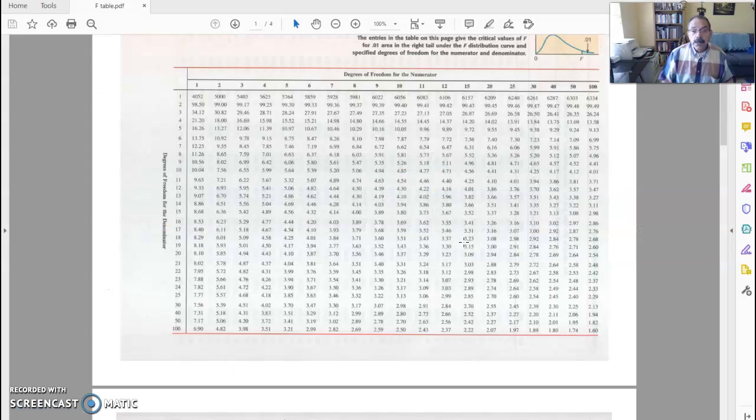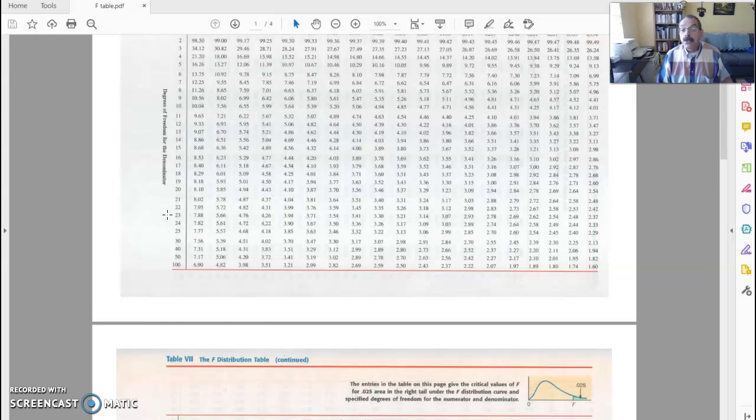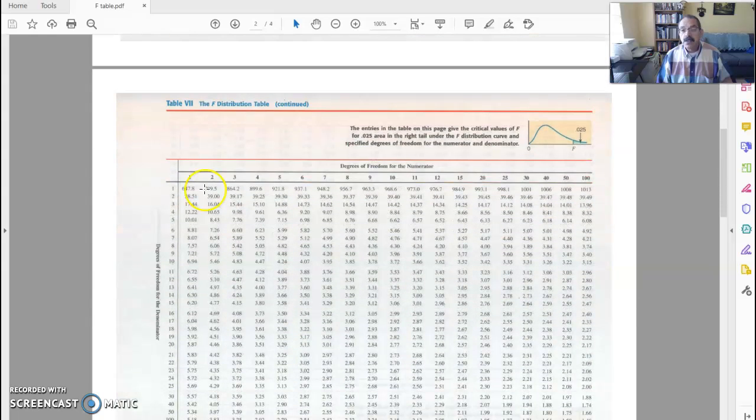This sheet is a probability of 0.01, so we need to go to the table of 0.025. That's where this little diagram is at the top. We use the degrees of freedom of the numerator on these column headings, and the degrees of freedom of the denominator on these row headings. All right, that's the table we're using.